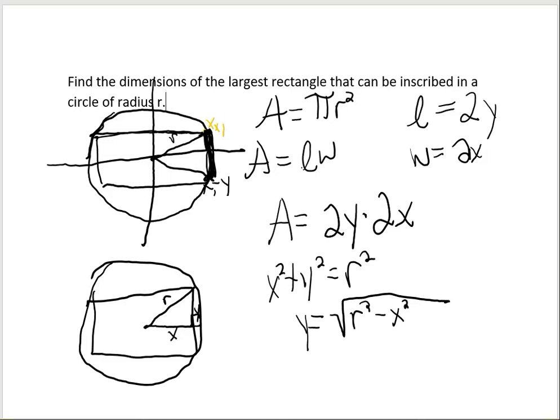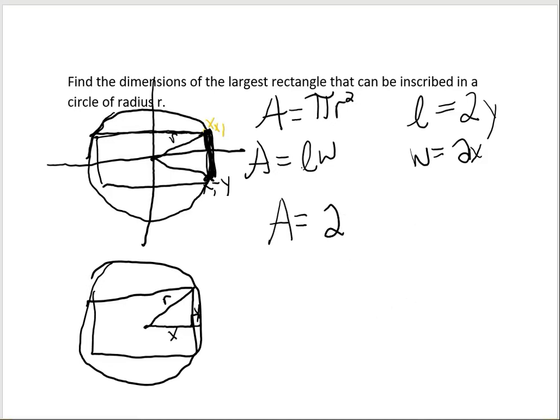Okay, so let's plug that into this area. There's 2x and 2y, so that's a 4. And there's an x, square root, r squared minus x squared.